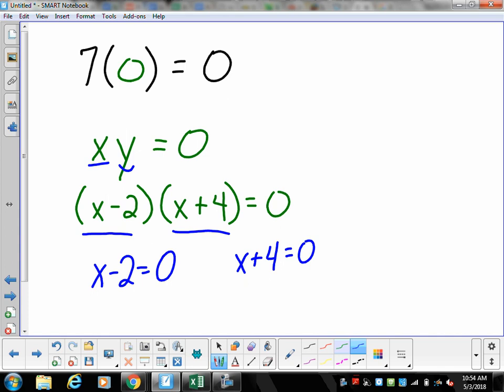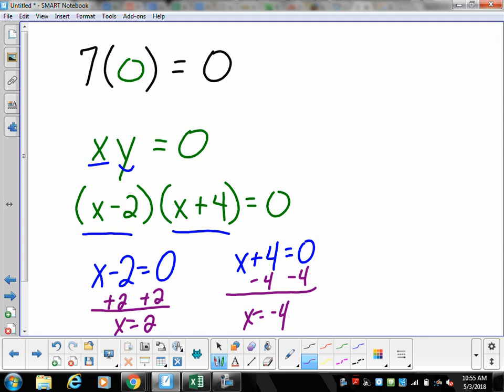So at this point, what we're going to do is set each factor equal to 0, and then we'll just solve those equations. So my solution here is x equals 2 and x equals negative 4.